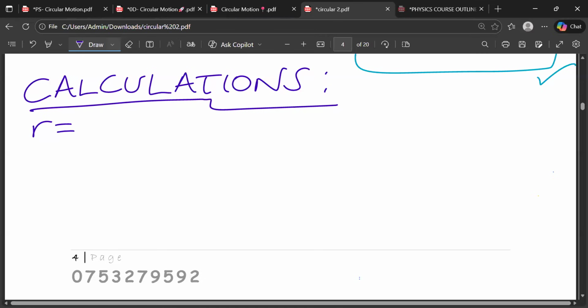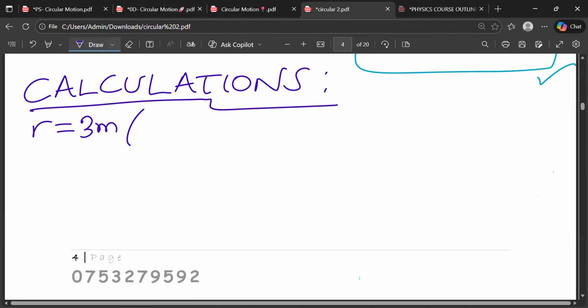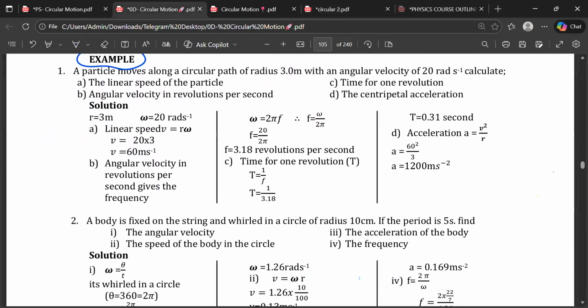So I'll say radius 3 meters. What else? With an angular velocity of 20. Calculate that's all.